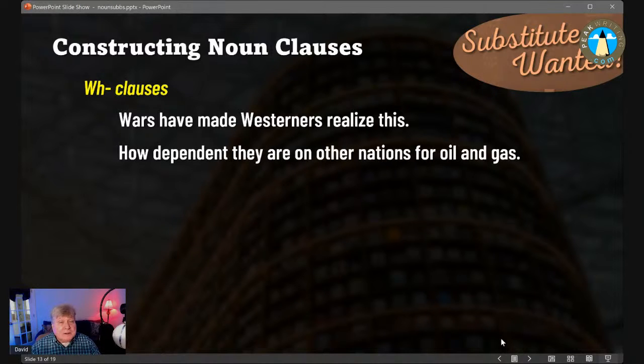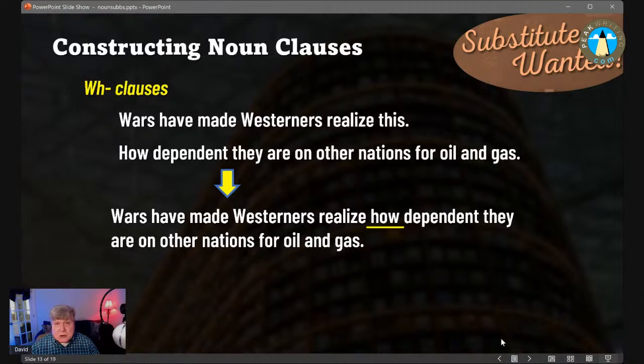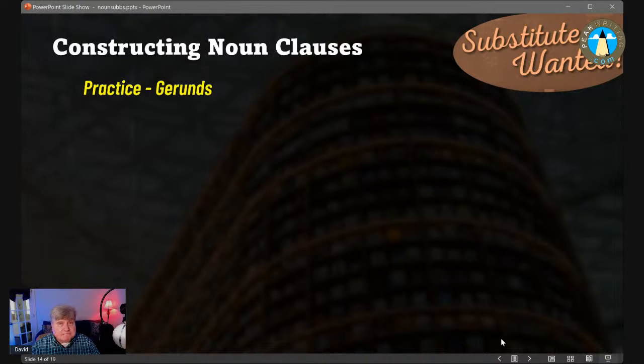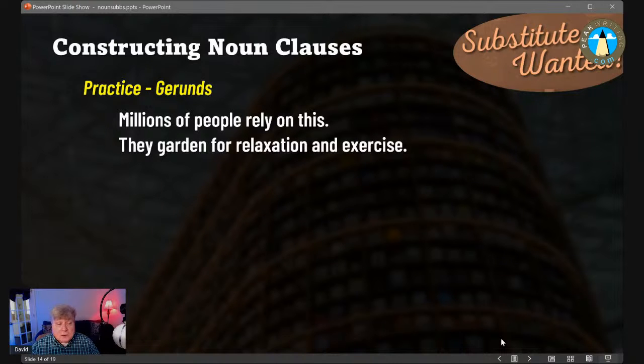That's what I would normally see in kind of mid-level academic writing. Well, let's make this a higher level of academic writing by using a WH or how clause here. Wars have made Westerners realize what? How dependent they are on other nations for gas and oil. So the how clause becomes a noun substitute and serves as a direct object. So, a little bit of practice.